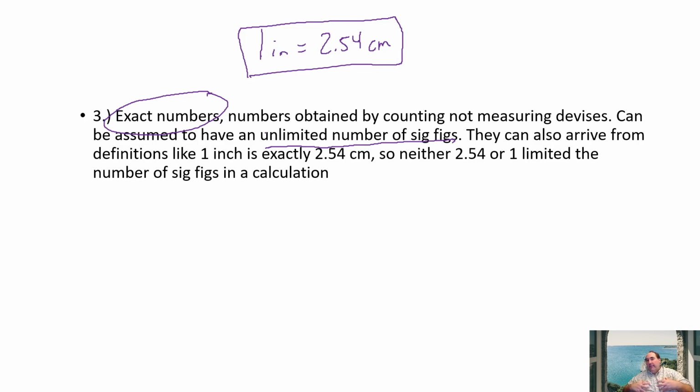If you come across something in a calculation that's considered an exact number, you actually ignore it in terms of how many significant figures your answer should have. When we get to calculations involving significant figures, we ignore anything that's an exact number, as it's not going to be important in terms of our answers, because it could have multiple amounts of significant figures.